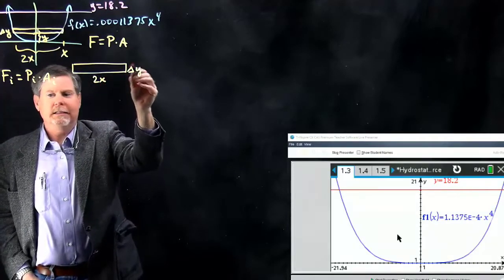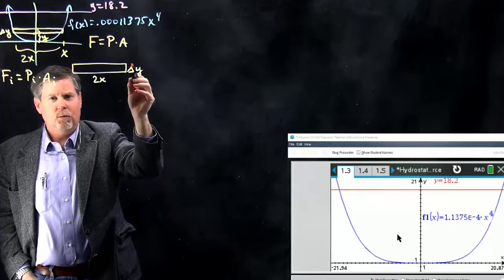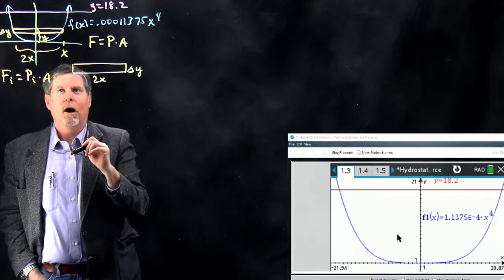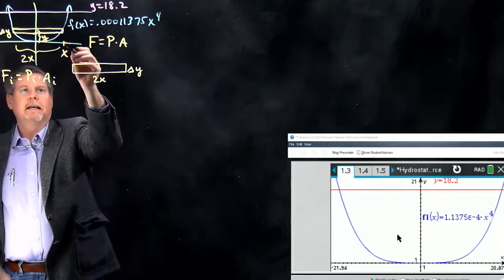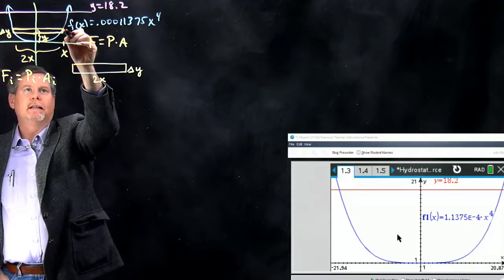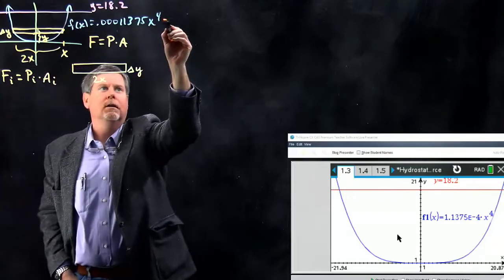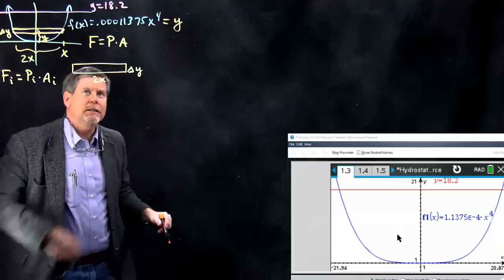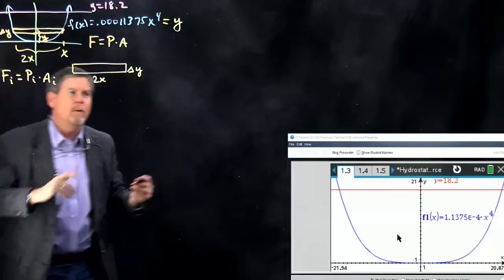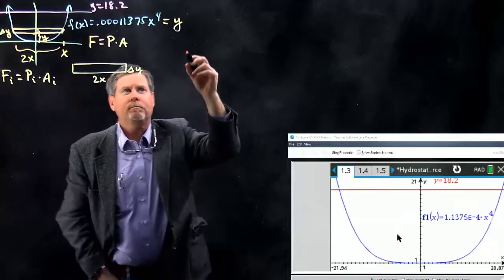But here we're slicing with respect to y, so what we really need to do is convert those x's into y's. Well, the nice thing is that I can relate the x and y coordinates by this expression. So this now gives me a way to solve for x in terms of y. We can do that really quickly here.